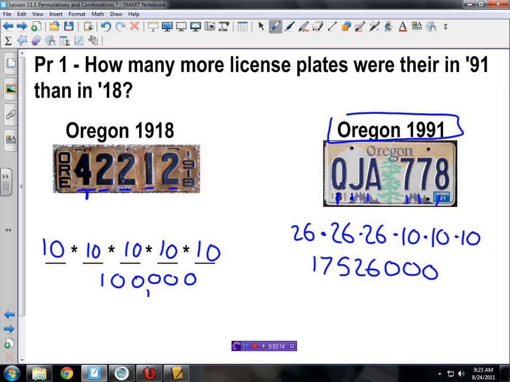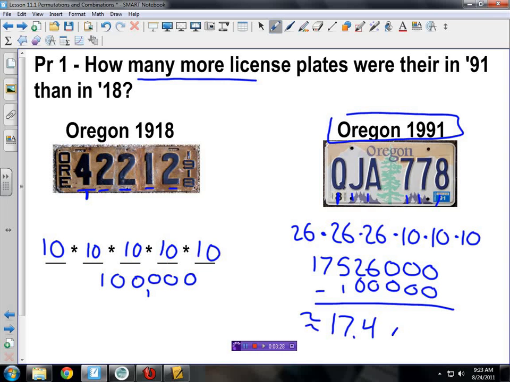To find the difference, it says how many more, we're going to subtract the 2, leaving me with approximately 17.4 million more, which works a lot better when we have a lot more cars on the roads nowadays. And actually in Oregon now there's more license plates and more different combinations.